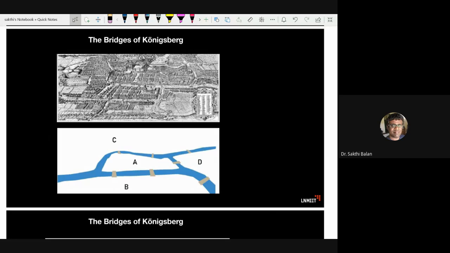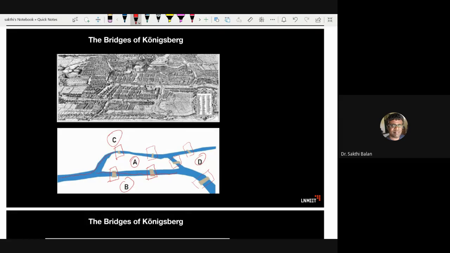There is a Pregel River. This blue portion is the Pregel River, and there is a landmass A, which is something like an island, and there is landmass B, landmass C, and landmass D. If you see here, there are 7 bridges, this is 4, 5, 6, and 7.